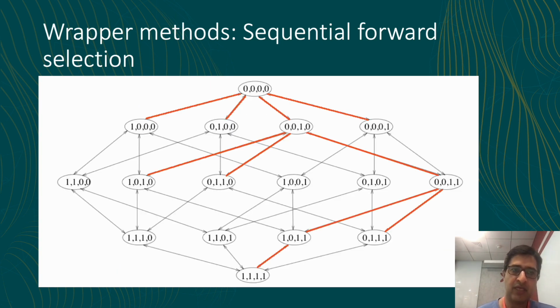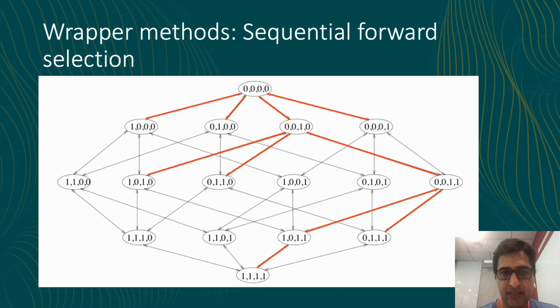If you were to think about feature selection in terms of a graph where you have 4 features in this particular case, for a particular feature place, 0 indicates that the feature is not part of the feature set for prediction, and 1 indicates that it is part of the feature set. So essentially what you're doing is carrying out a search on this particular graph.